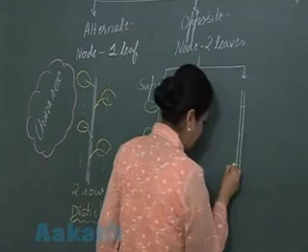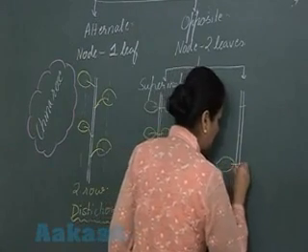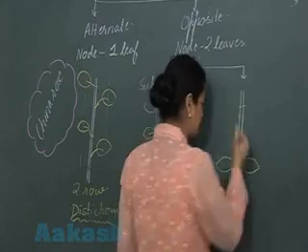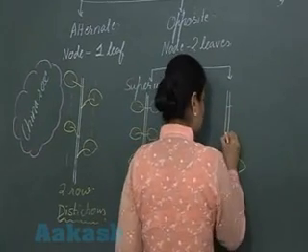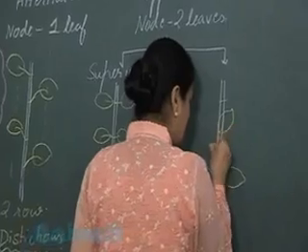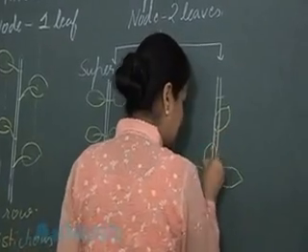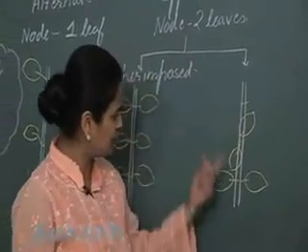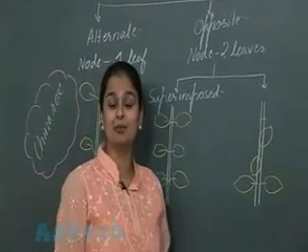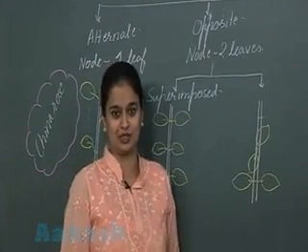Now the second condition. Second condition में at one node these are pair of leaves, और इसके ऊपर जो node है वहां पर भी pair of leaves present है. But now you can easily see the pair of the leaves, they are not present in the same plane. Now they are present perpendicularly to each other.